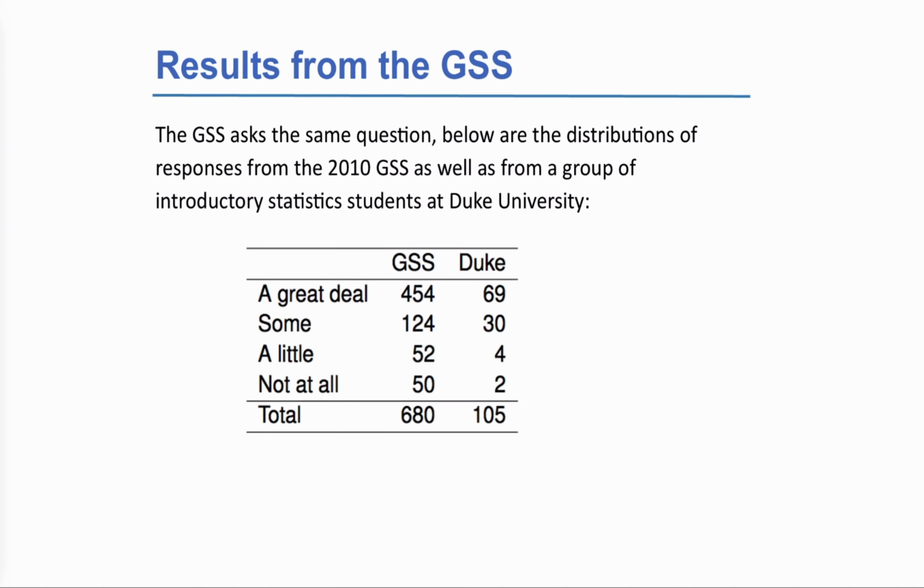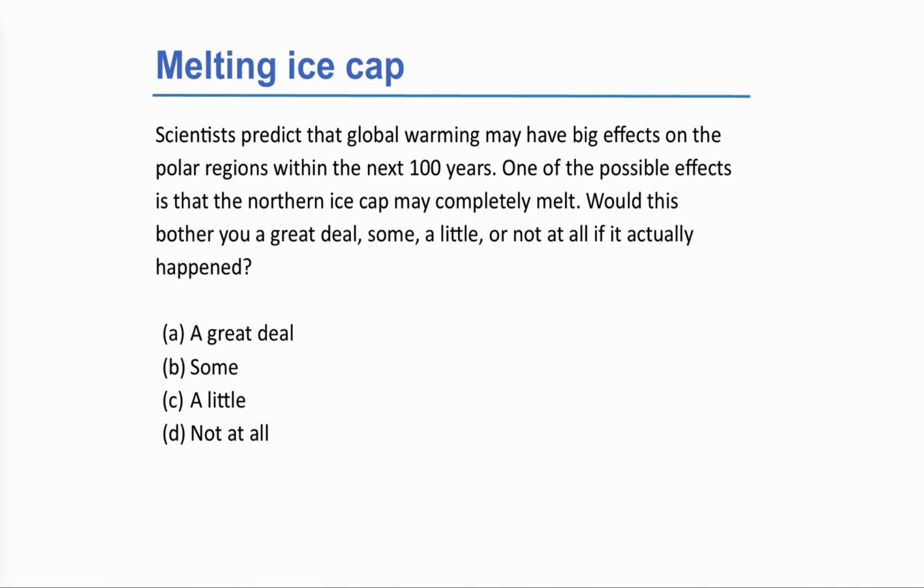And so they asked this question to 680 people randomly selected from the American population. And then they asked it of 108 introductory statistics students at Duke University. And this is a summary of the answer they got.